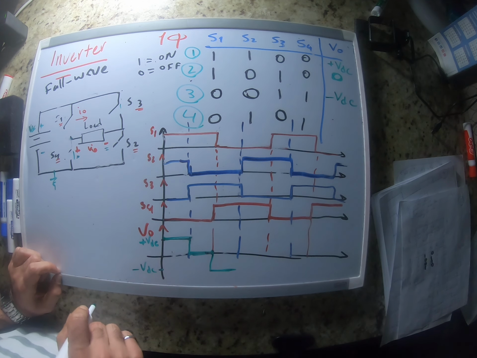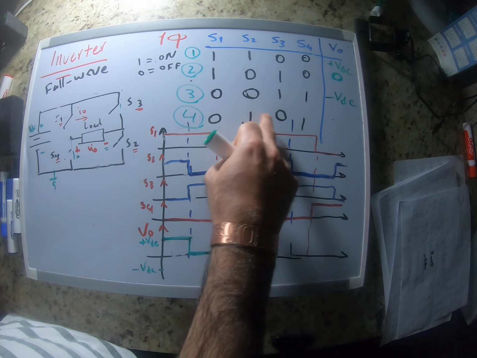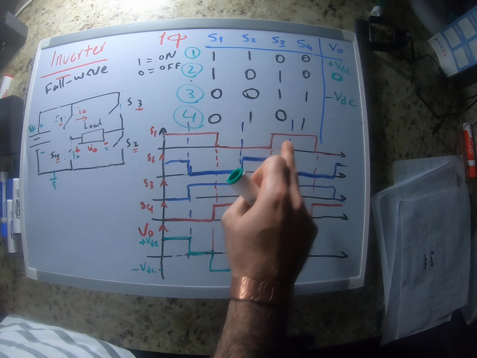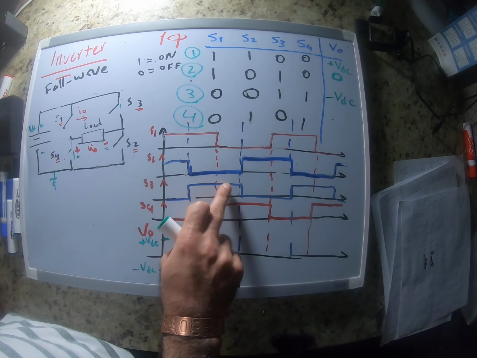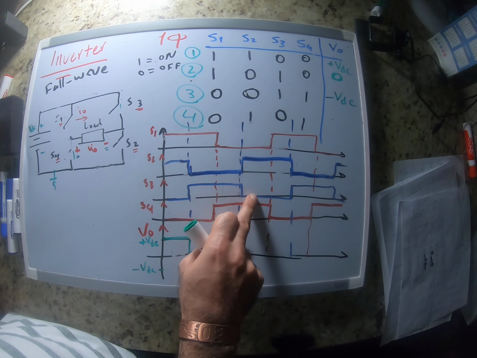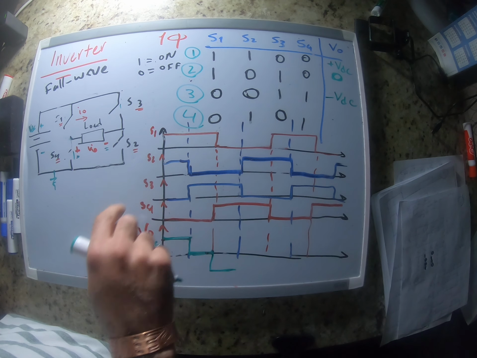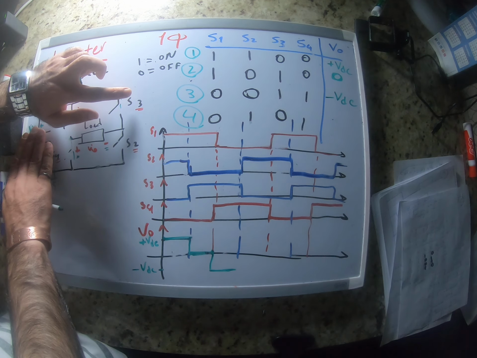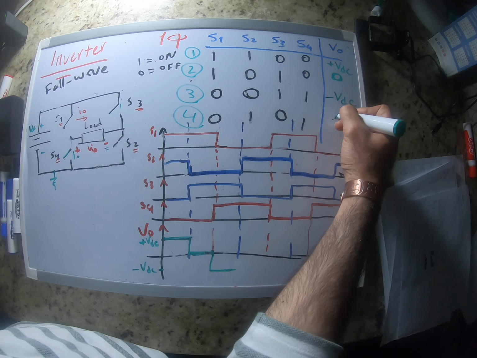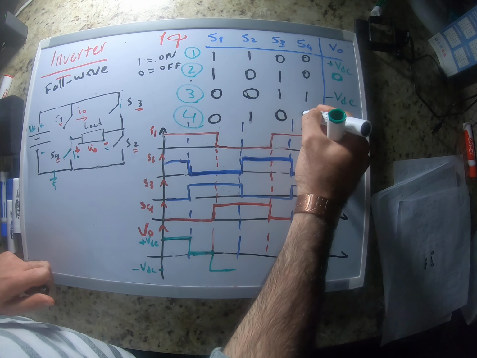The next state is when you have S4 and S2 on. S4 is still on, S3 becomes off, and we turn on S2. When S4 and S2 are on, we again have a short circuit across the load, so the output voltage would be 0.